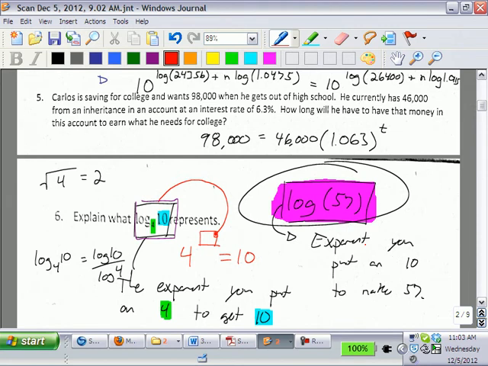Okay, explain what log base 4 of 10 is. Well, number 6 is different because it just says explain. What does this represent? It represents the exponent you put on 4 to make 10. You don't have to compute it.